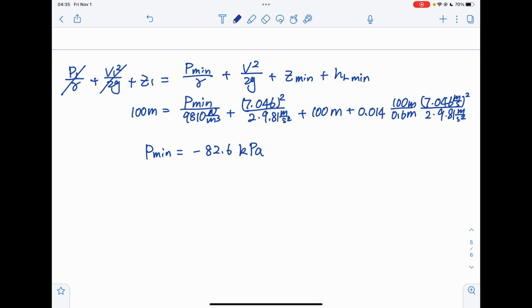Okay, and we're going to do a similar thing between point 1 and the pressure at the maximum location.